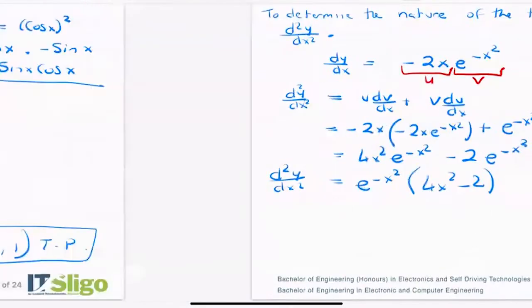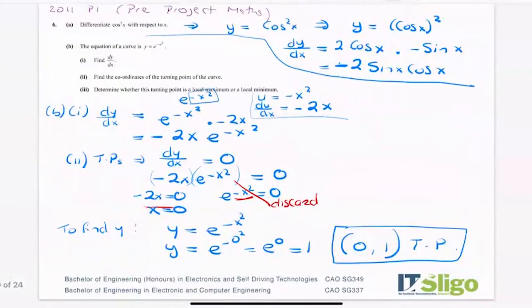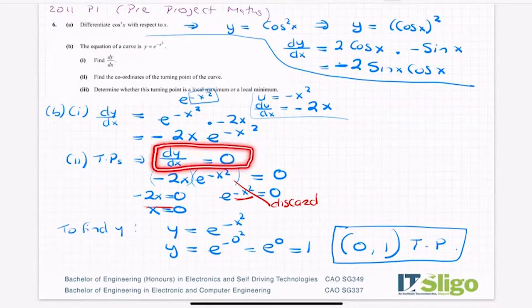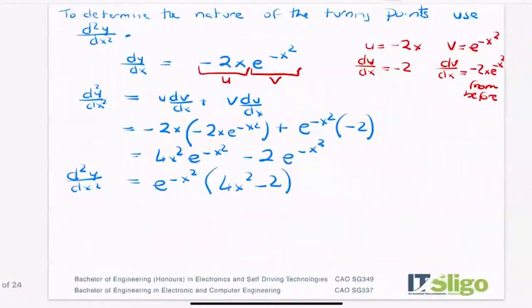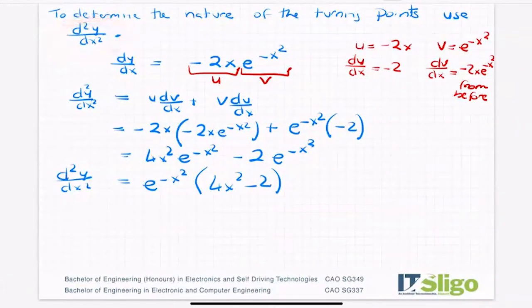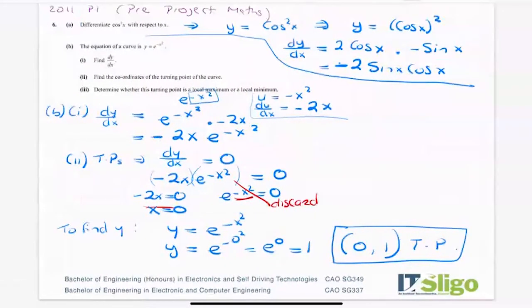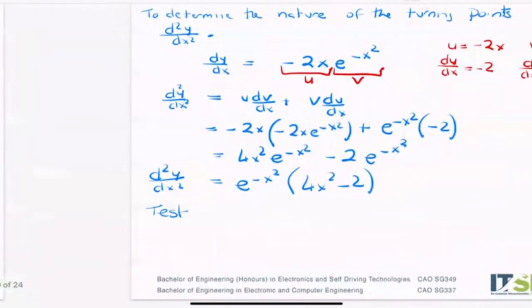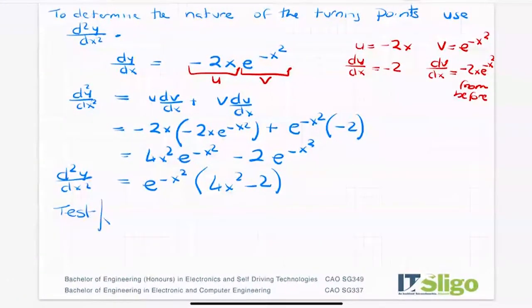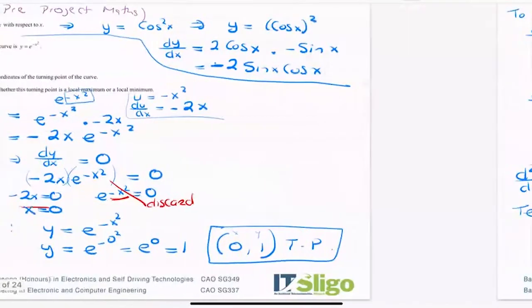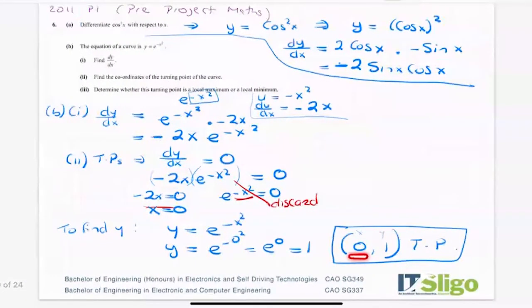Right, so to determine the nature of the turning points. Okay, so just to recap, what am I doing? To find the turning points, you let dy dx equal to 0. To find the nature of the turning points, you find d2y dx squared and you test your turning points. So if you remember, our turning point here was 0, 1. Okay, so we're going to test when x is 0, because that is the x coordinate of my turning point.